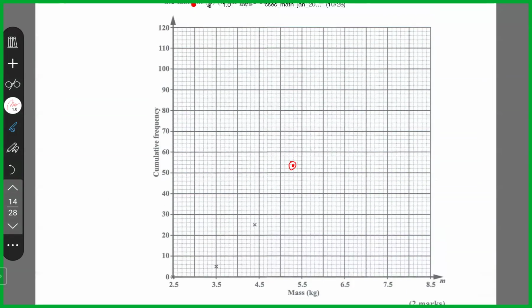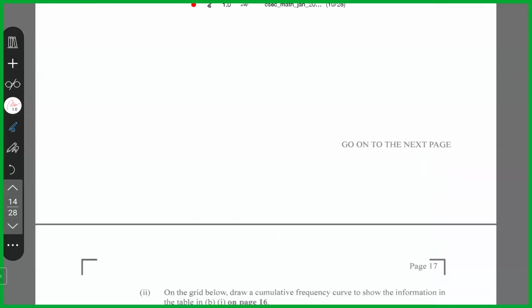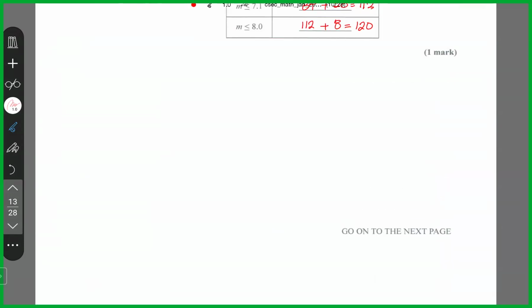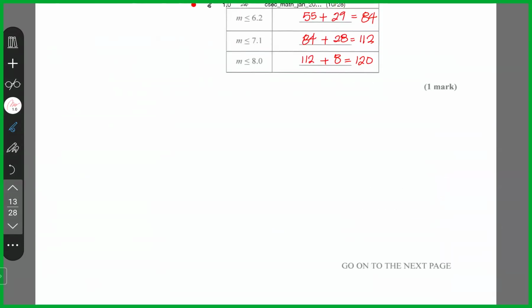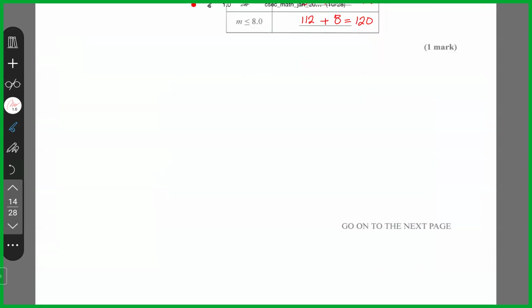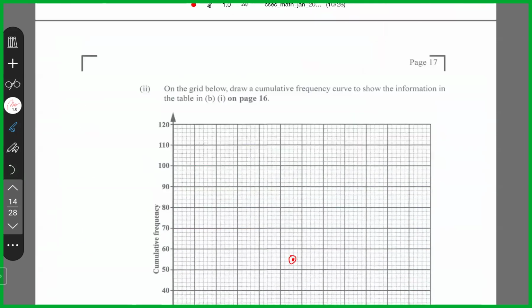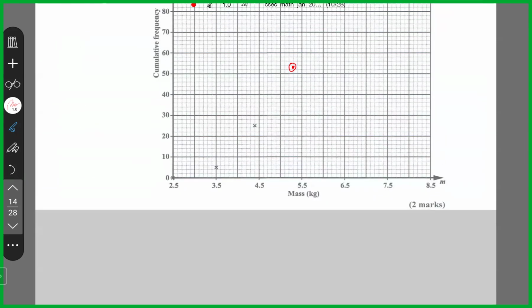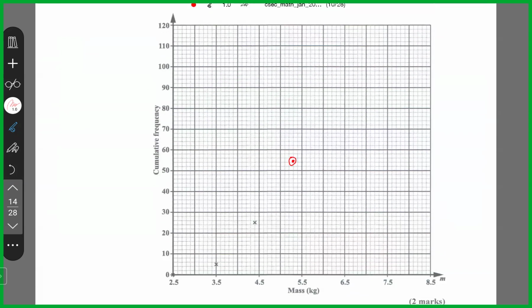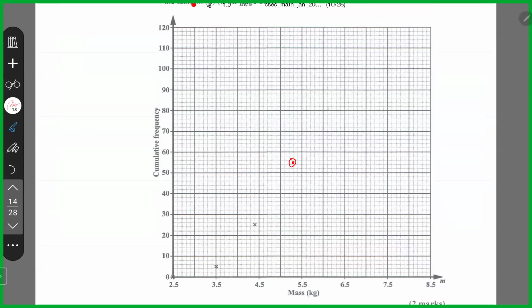The next one is 6.2, 84, which would put me there.